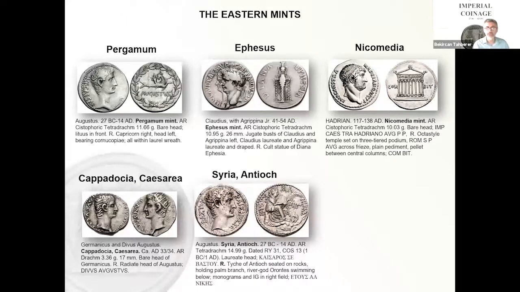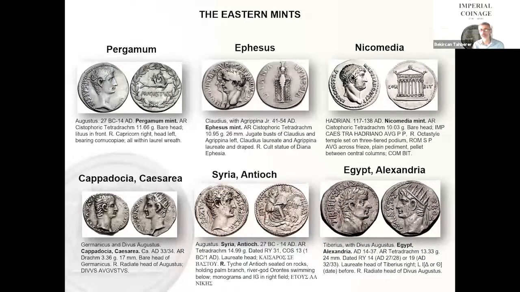And Antioch in Syria was an active mint since the end of the 4th century BC, and since the beginning of the Roman Empire. The coinage in Syria comes in Greek, though.